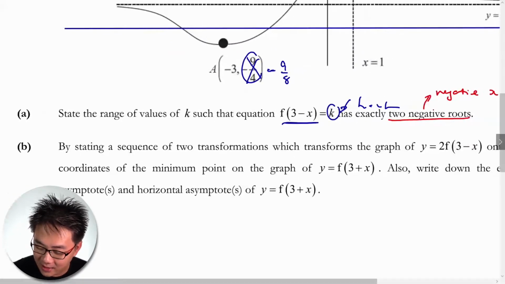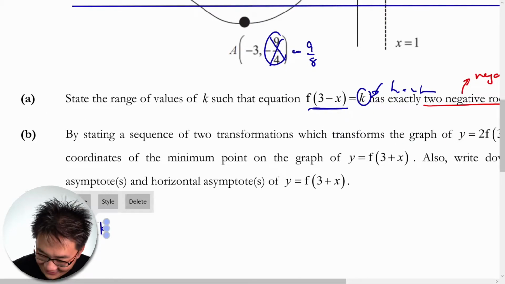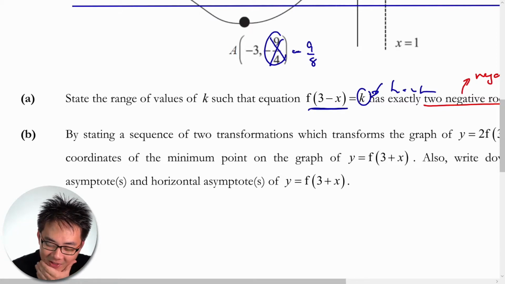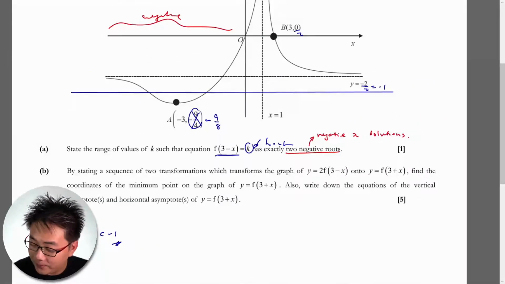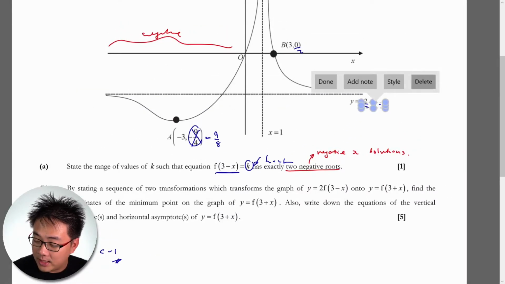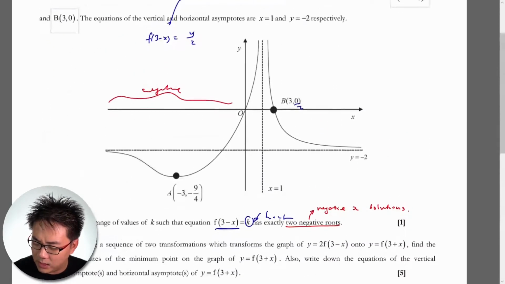So your k will be between minus 9 over 8 and 0. Yeah, I need between that value there. Okay, my bad. So that's the answer, I guess.